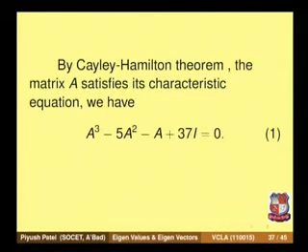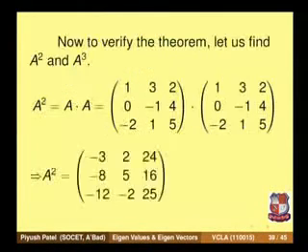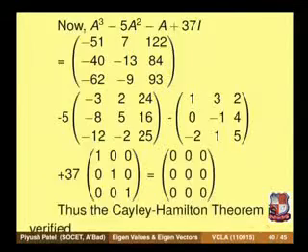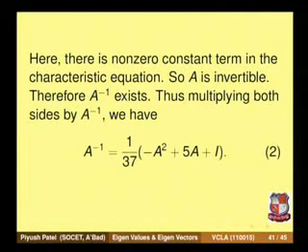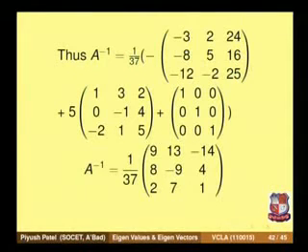Here in the equation we have a non-zero constant multiple of the identity matrix, that is 37. Therefore A inverse must exist. Multiplying A inverse on both sides and writing the resultant equation for A inverse, you get this kind of relation, and then by doing simple arithmetic of matrices, you get the value of the inverse. This is the summary.